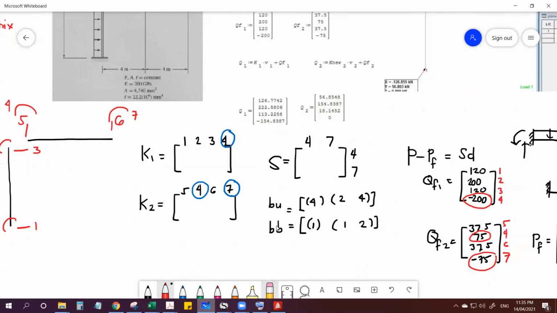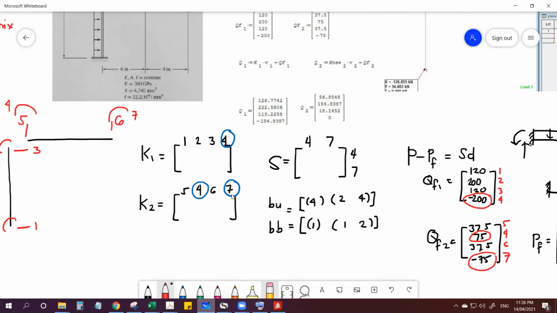Now for our BU matrix, BU again is the location of the required DOFs, the unknown displacements. So what's the location of 4 here? It's on the fourth element. And what's the location of 4 and 7 on K2?